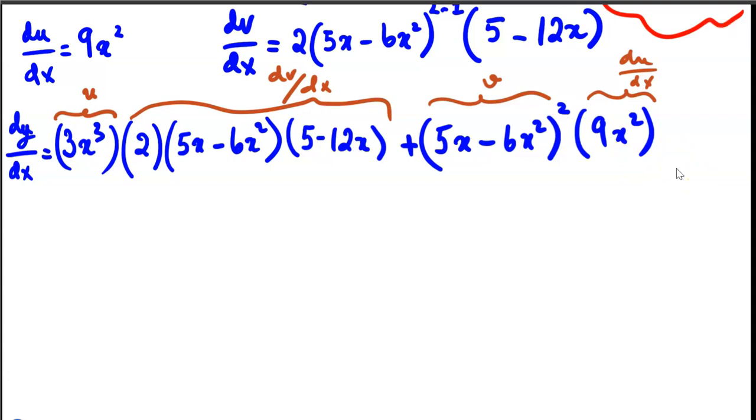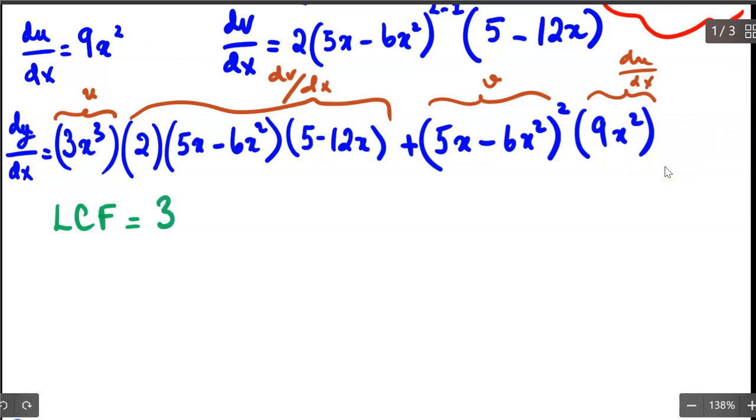It has to be the lowest. So in this case, I will ask everyone to write lowest common factor, one step at a time. Between 3 and 9, I should have 3, right? Between x cubed and x squared, I should have x squared, because you always take the term with the lower exponent. The next one, this is number 2.